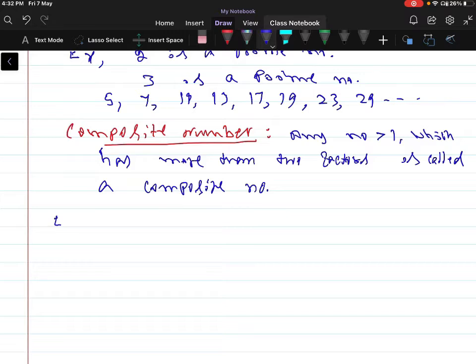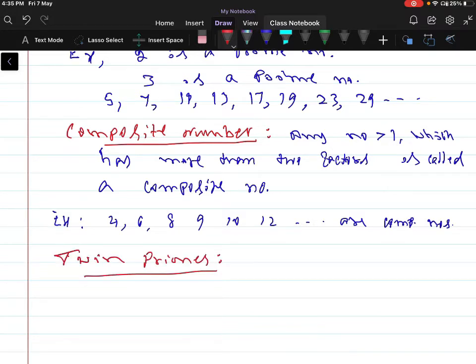For example, 4, 6, 8, 9, 10, 12 are composite numbers. Now let us take a definition of twin primes.